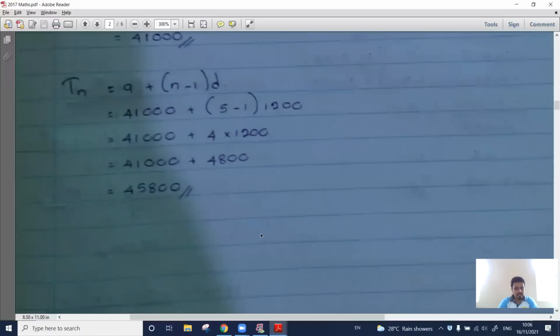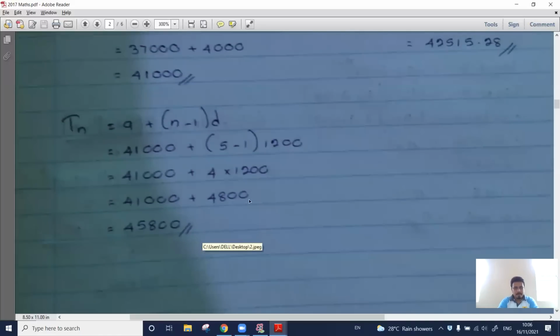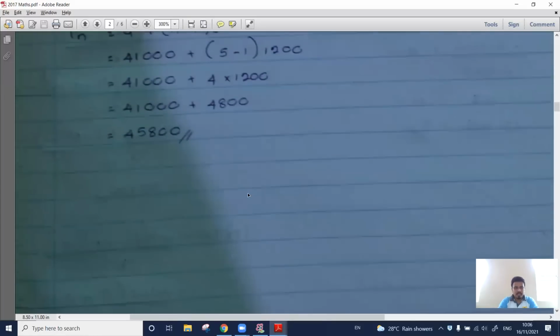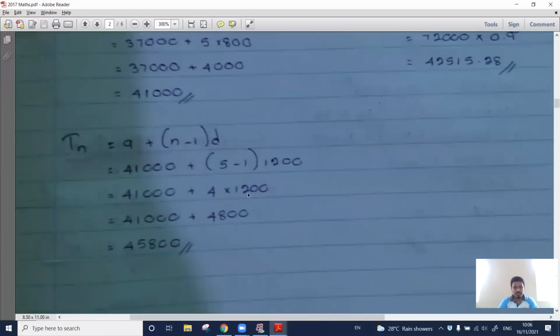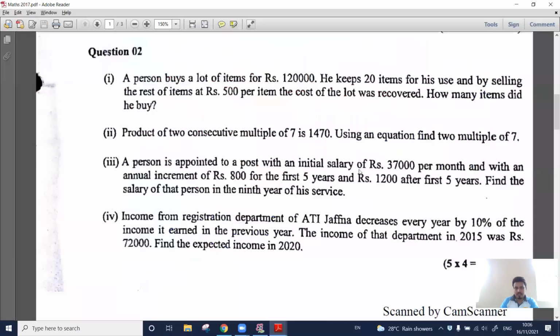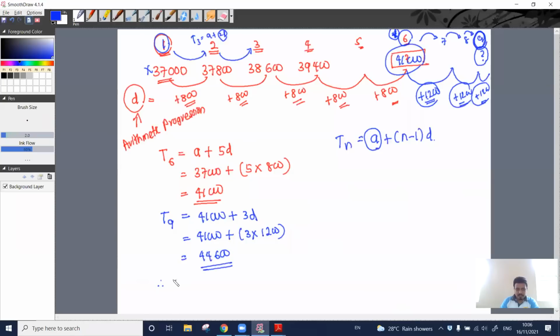Have you got it? Almost there. Right. But in these sorts of sums, you need to clearly mention the answer. Therefore, they have asked for the salary in the 9th year.